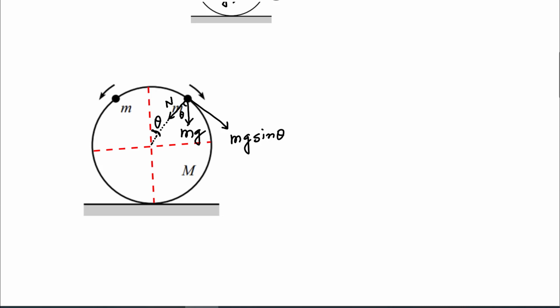So this bead is moving in a circle, so we can write N plus, in this direction, the force we have is mg cos theta. So N plus mg cos theta is equal to mass into acceleration. So let's say at this point velocity is v, mv square by r. So this is my first equation.